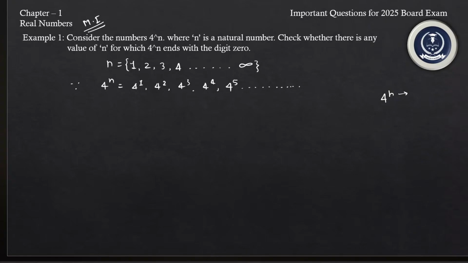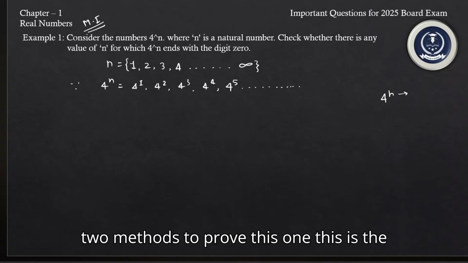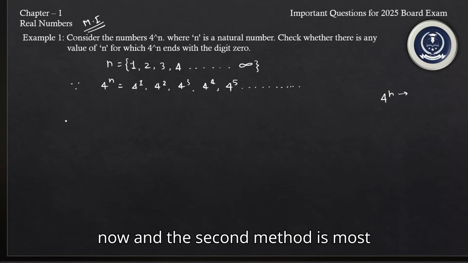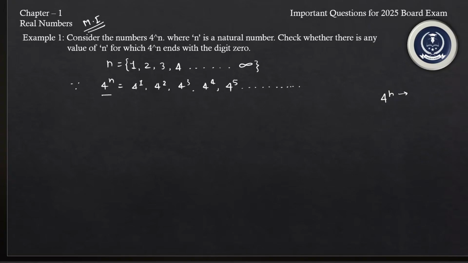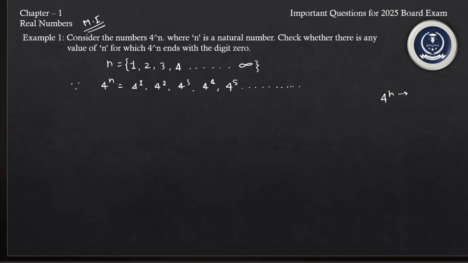So now, we have two methods to prove this. This is the first method, which I'm doing right now, and the second method is most important, which you just have to memorize.